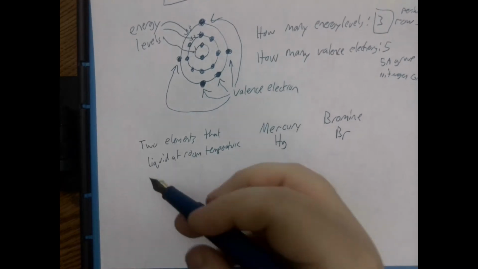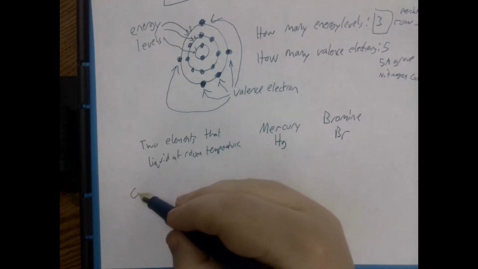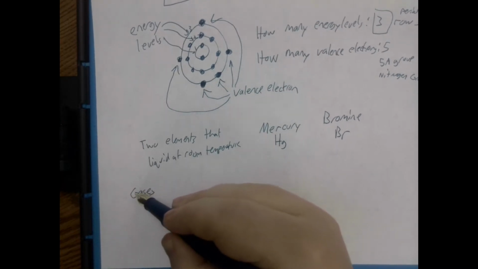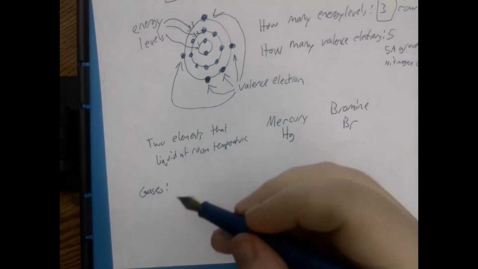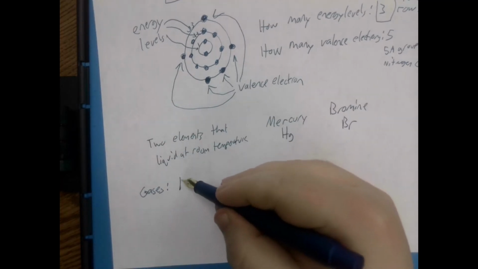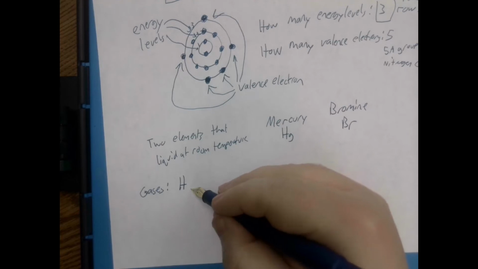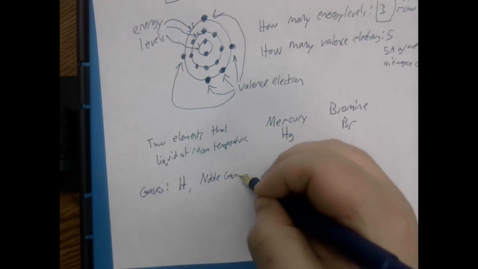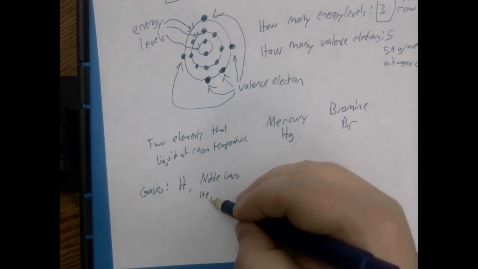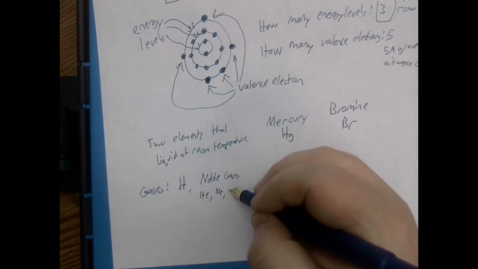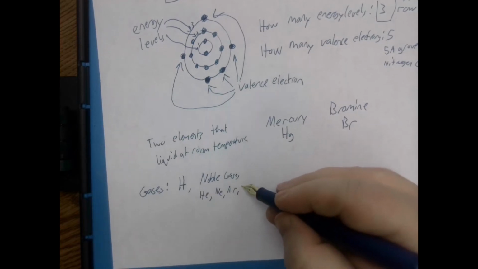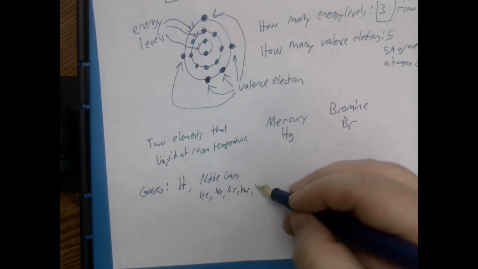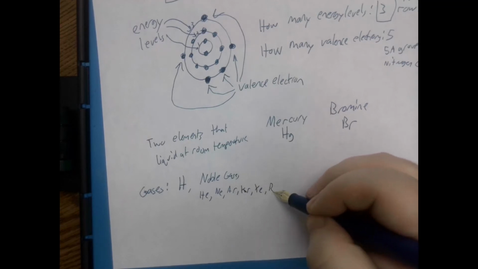What are the only gases? Hydrogen, then the noble gases. The noble gases include helium, neon, argon, krypton, xenon, and radon.